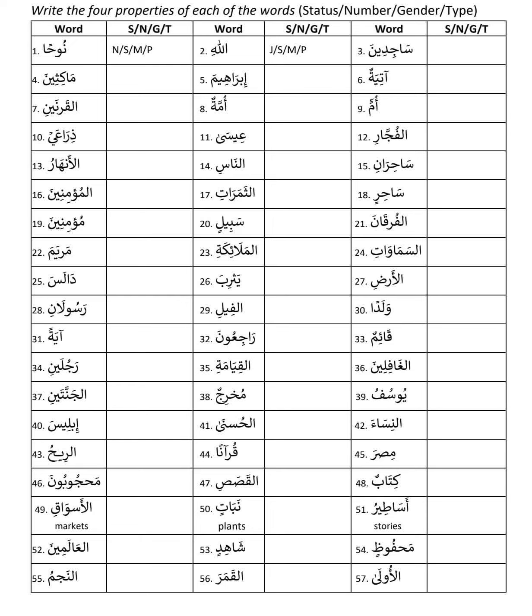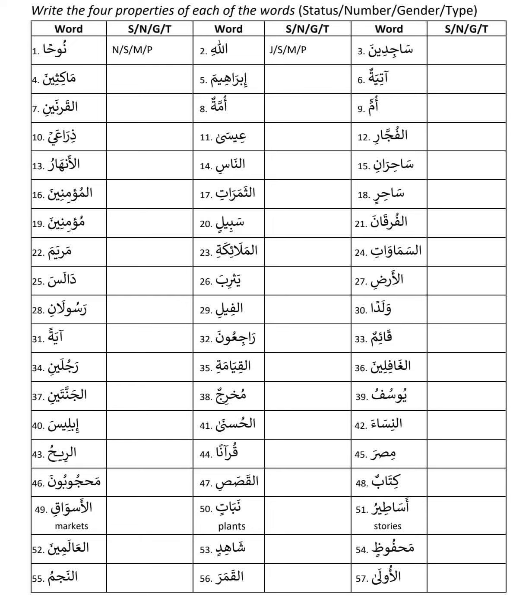Number 13, Al Anharu. You need to know the meaning of this. It means rivers, because it's a broken plural. If it is a broken plural, you need to know the meaning to find out the four properties. If it is a non-human broken plural, it is considered singular feminine.